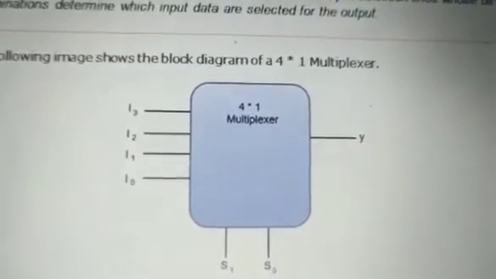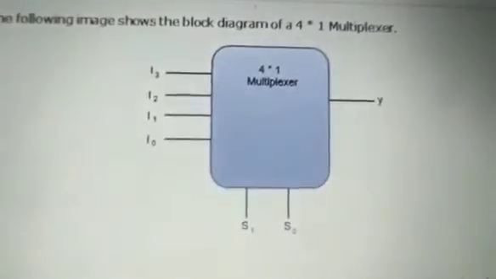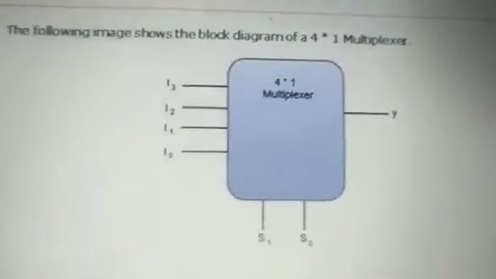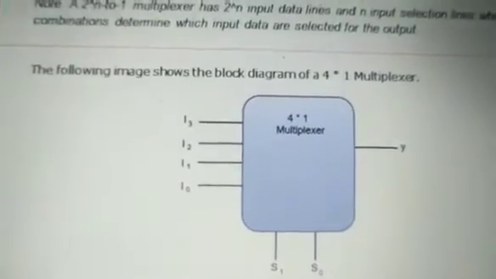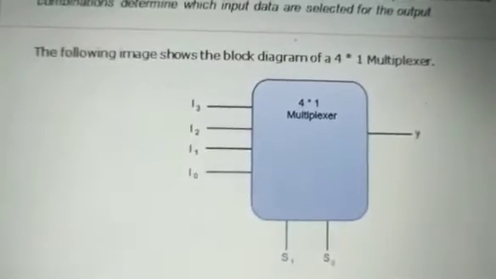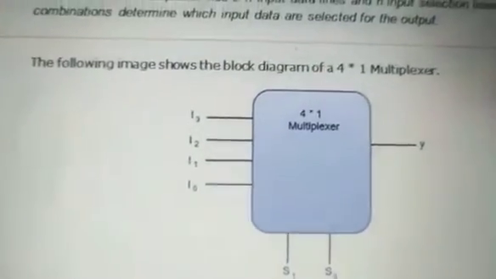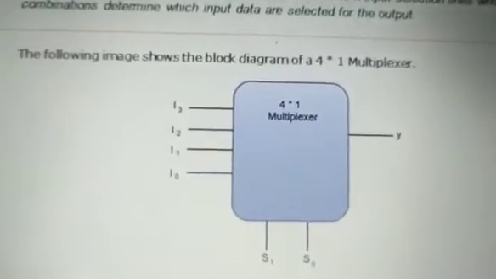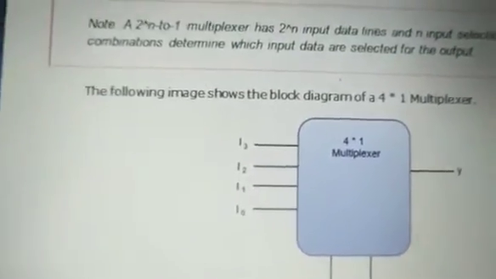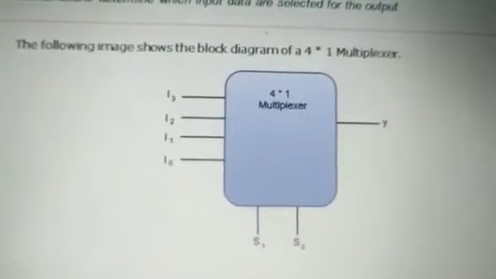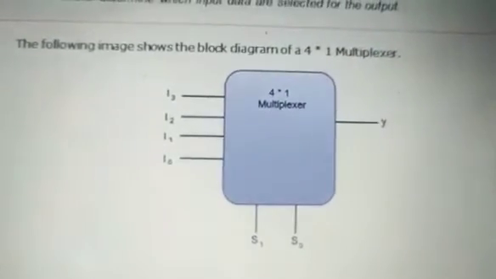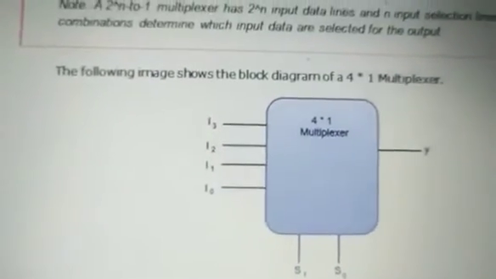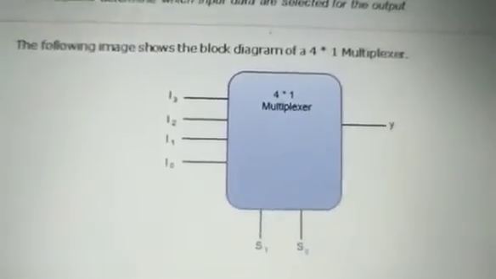So 4 inputs are there and only one output, and 2 select lines. What is the purpose of this select line? The select line will help to select which input will pass through the circuit so that I will get the output. This is the function of the select lines S0 and S1. This is a block diagram for a 1 cross 4 multiplexer.